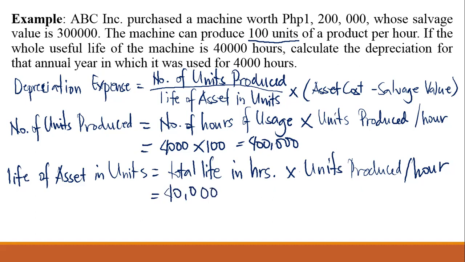Ayan, so it mentioned already in the problem wherein the whole useful life of the machine is 40,000 hours. Okay. So 40,000 times 100. Okay, kaya this is now equal to 4 million. Tama ba? 4 million? Ayan. So 4 million life of assets in units.